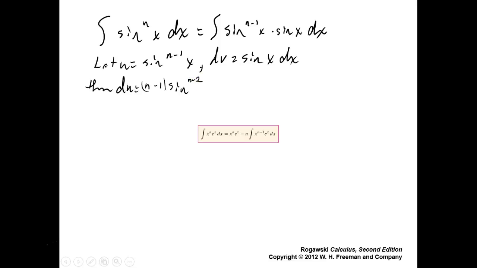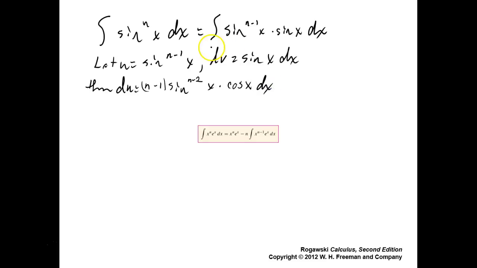You drop it by 1, and you take a derivative. Right? Times chain rule, cosine x. Right? Okay? Dx. Because you're taking a derivative.